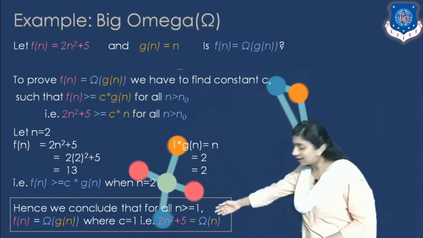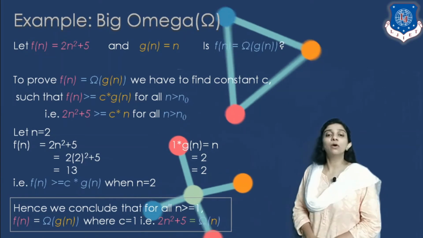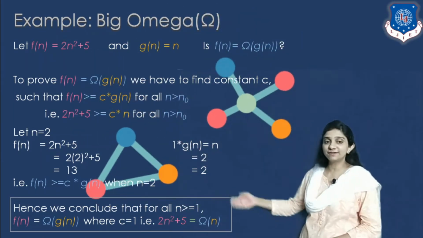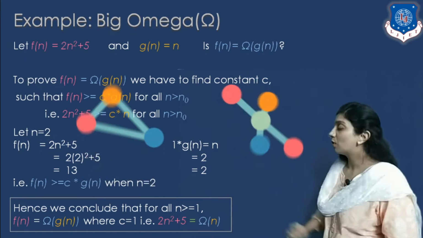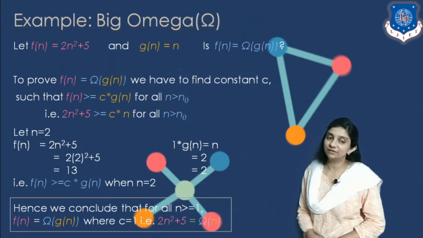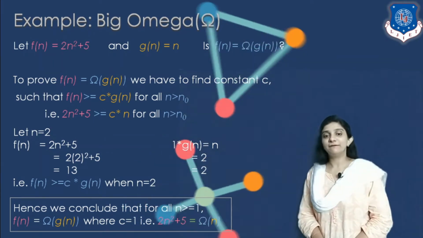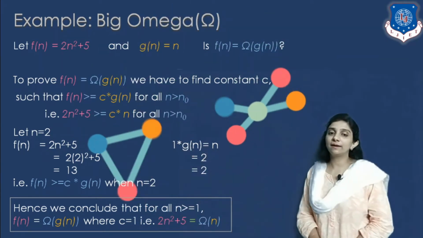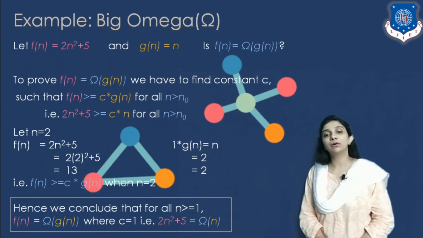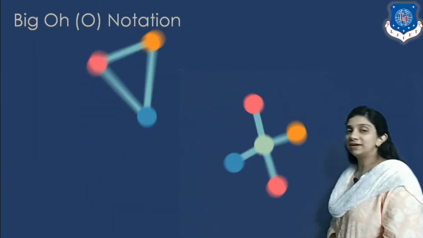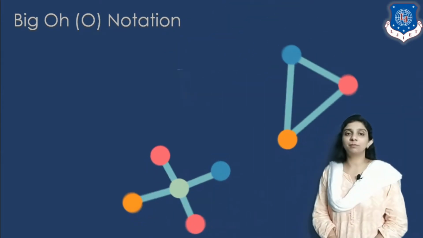For all values greater than or equal to 1, my f of n is always greater than c g of n, or f of n is equal to omega of g of n, where c is equal to 1 and for all inputs greater than or equal to 1. So this way we can find the bound.